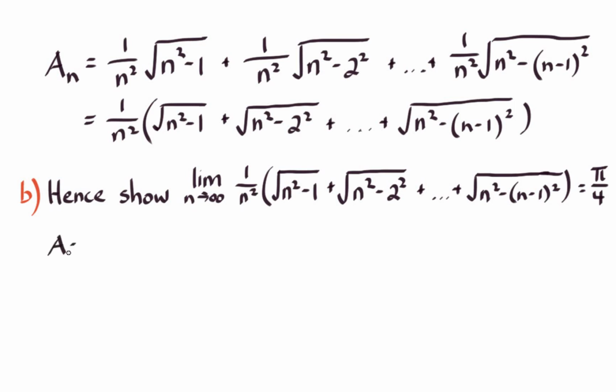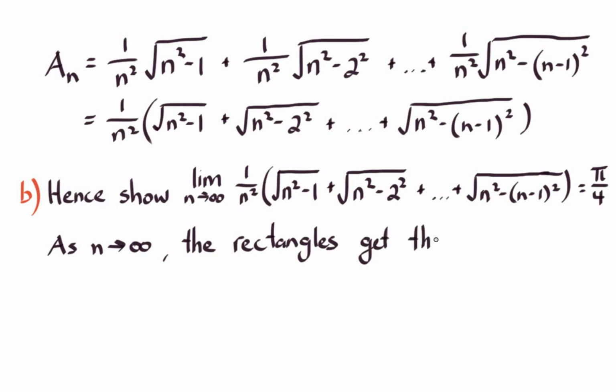So first of all, as n approaches infinity, the rectangles are getting thinner and thinner. And the thinner they get, the better the approximation.